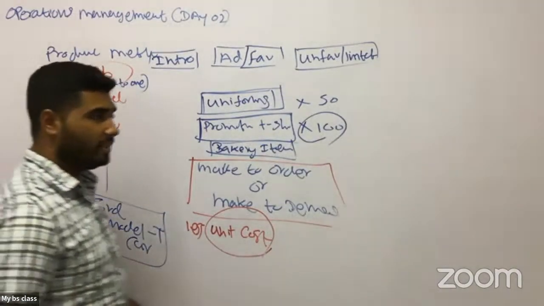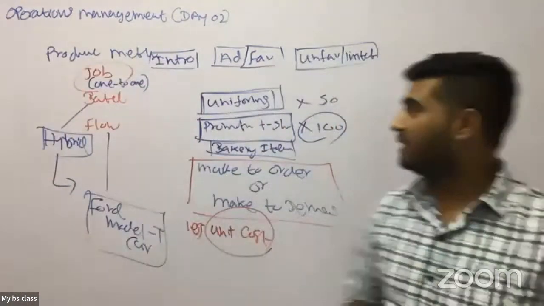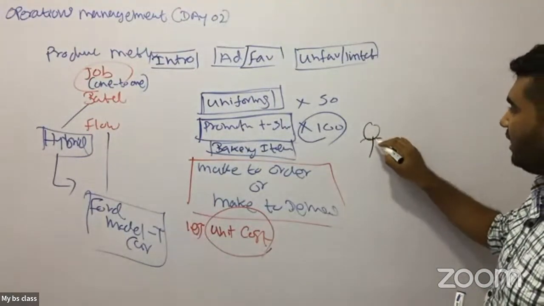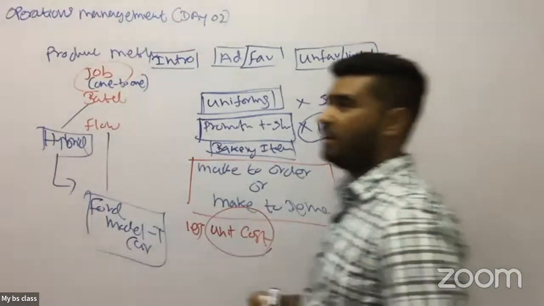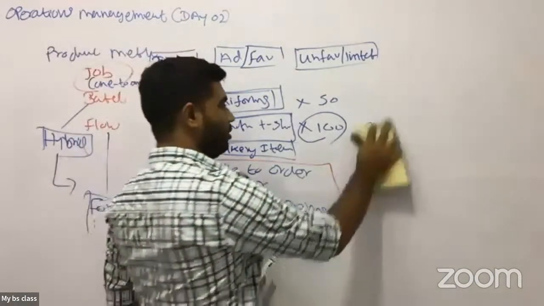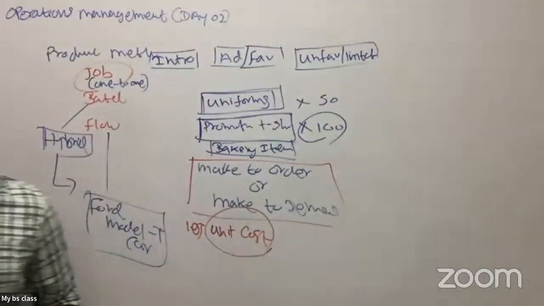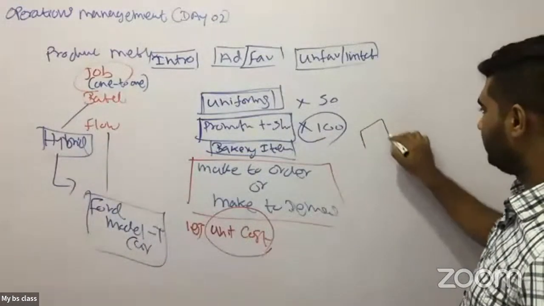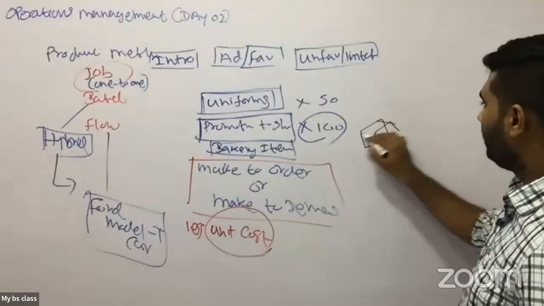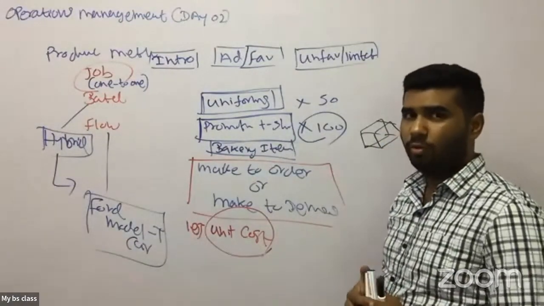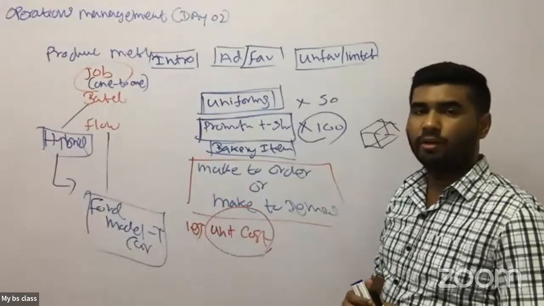Now flow production is about one single product. Only one product, and from it what do they do? Produce a large number of quantities, as much production as possible. So one single product, which could be a vehicle, a mobile phone, or whatever good.